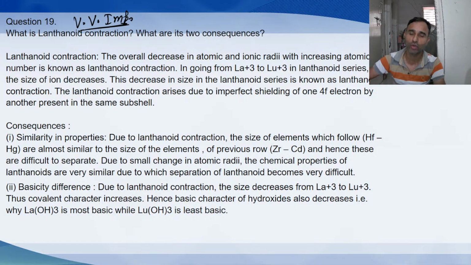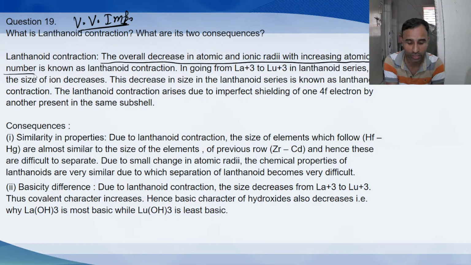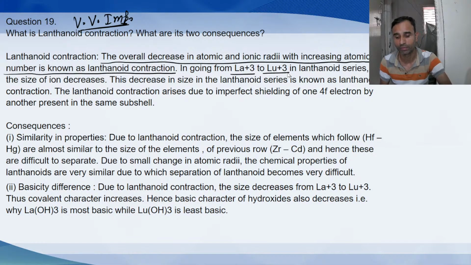So say what is lanthanoid contraction? It is steady decrease in size. Okay, steady decrease in atomic and ionic radii with increasing atomic number. The overall decrease in atomic and ionic radii with increasing atomic number is known as lanthanoid contraction. See, in going from lanthanum to lutetium in the lanthanoid series, the size of the ion decreases, and this decrease in size in the lanthanoid series is known as lanthanoid contraction.